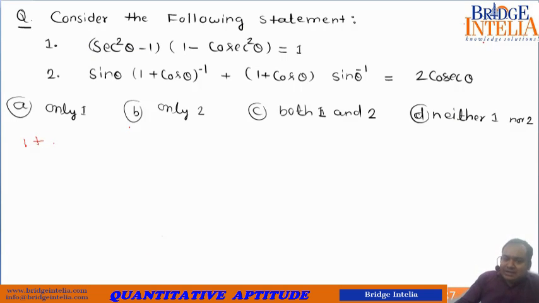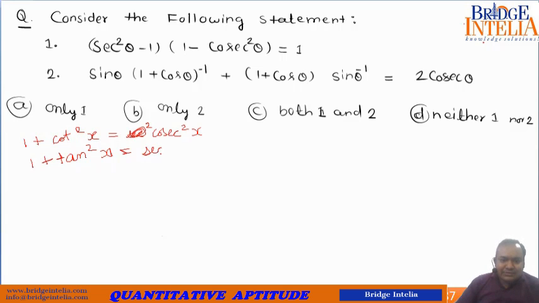The other identity that we just learned was 1 plus cot square x is equal to cosec square x, and 1 plus tan square x is equal to sec square x. So in this question we have to basically make use of both these identities.